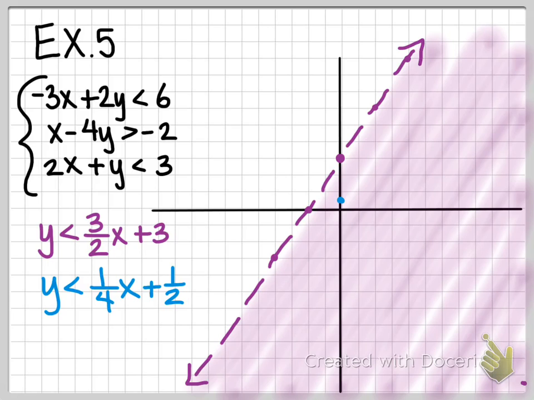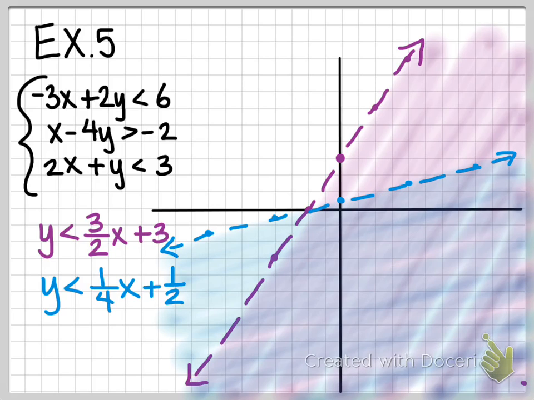Well, when I go up 1, I have to go from a half to another half. It would be at 1 1/2 and then over 4. So each of these points is going to fall halfway between. Okay, again, this one's going to be a dashed line because it's not equal to. If I plug in (0, 0), 0 is less than 1/2 is a true statement, so I would shade below the blue line.